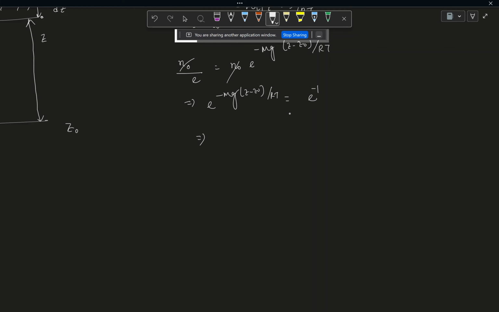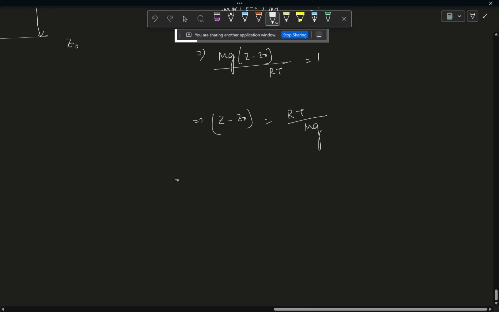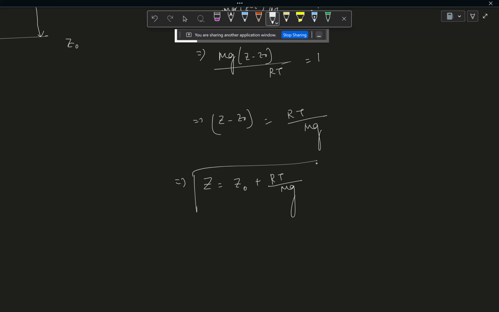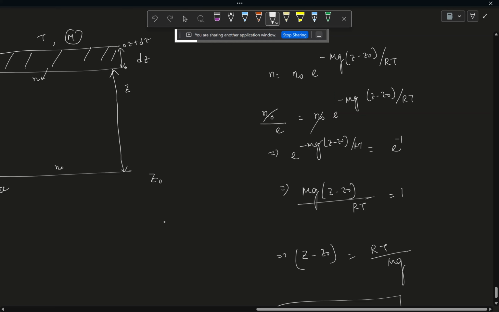The minus signs cancel out, so Mg (z minus z0) by RT is just 1. From here you get z minus z0 equal to RT by Mg. So you get your z value as z0 plus RT by Mg. Thus you have calculated the height from the base level where the number density has fallen off to 1 by E times the base level's number density.